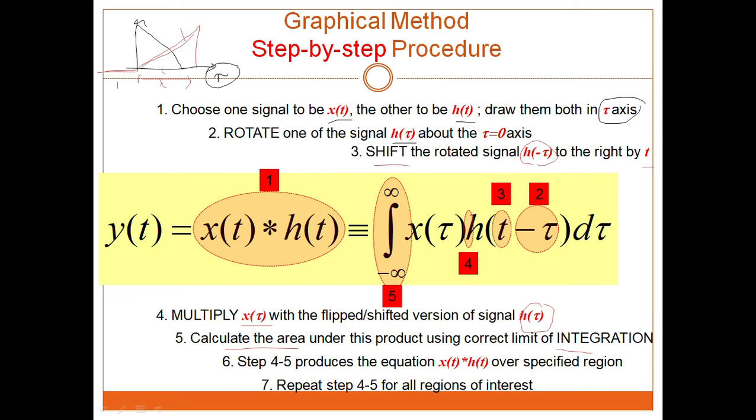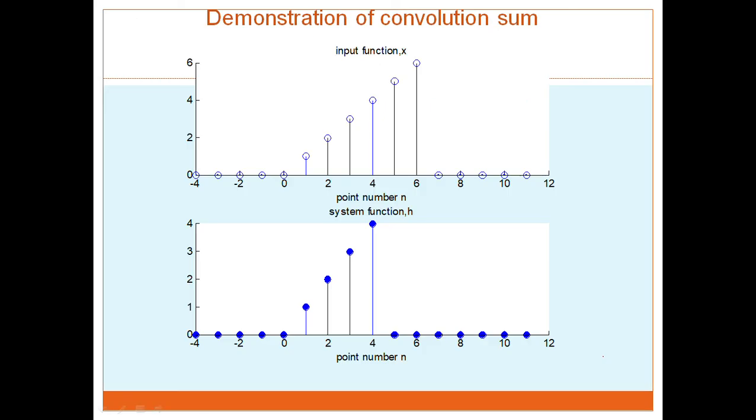We can just put x(t) to become like this. This is an x(t) example. And then what happens if x(t) and h(t) are at this region? We will see an example.